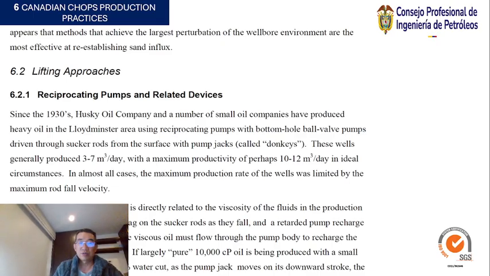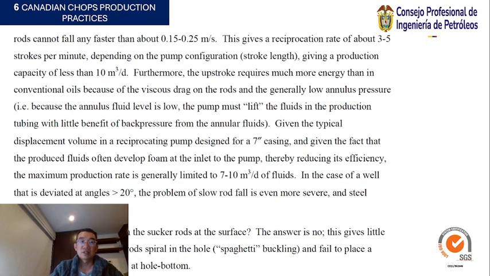If largely pure 10,000 cP oil is being produced with a small amount of sand and less than 5% water cut, as the pump jack moves on its downward stroke, the rod cannot fall any faster than about 0.15 to 0.25 meters per second.